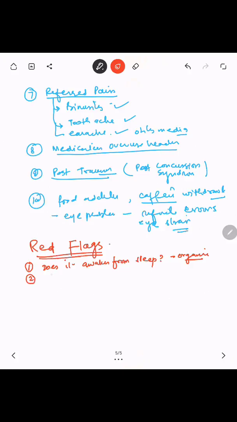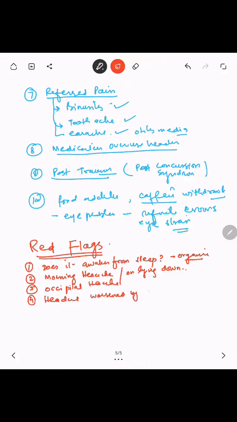The second thing in red flags you need to ask about is morning headache. Okay, if the patient is having morning headache or headache on lying down, you need to take it into account. Okay, then occipital headache. This may be suggesting a vascular cause. Okay, and headache worsened by coughing and straining, or bending down or changing position.